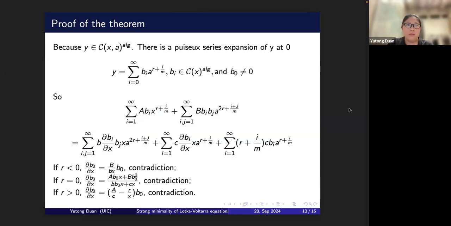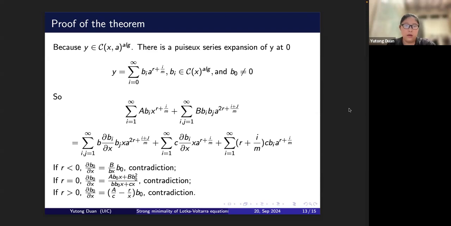Okay, now we can finish our proof. Because we have y in C adjoined x, a, that means we can have a Puiseux series expansion of y. Then I can plug this expansion into the first equation, and compare the parameters before some terms.